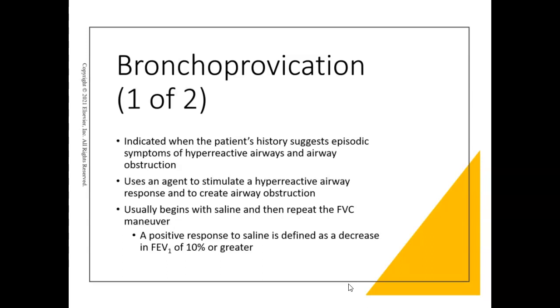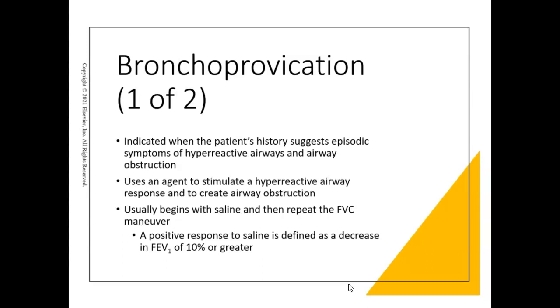So what we're doing during a bronchoprovocation test is using an agent, usually methacholine, to stimulate those airways, cause that asthma attack, and document that decrease in pulmonary functions. Typically when you do this, you should always do a control forced vital capacity.